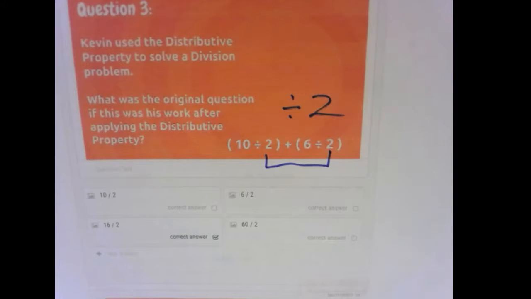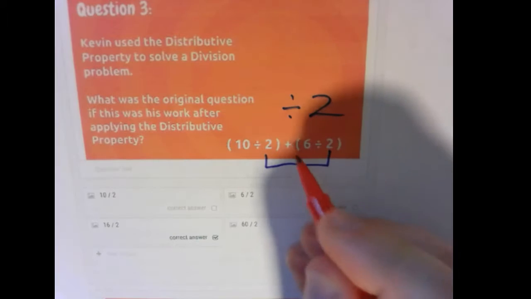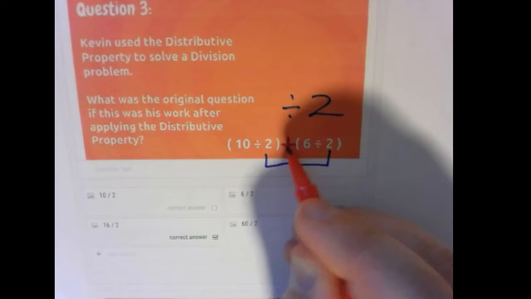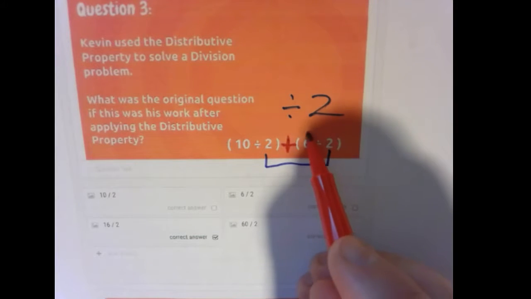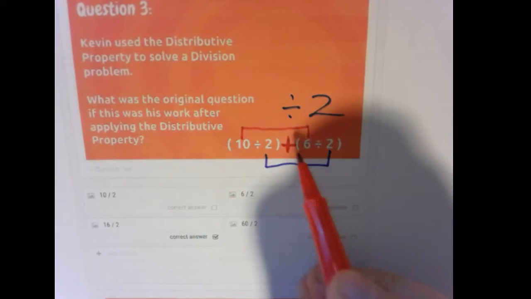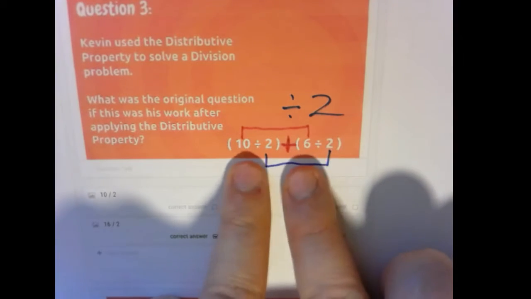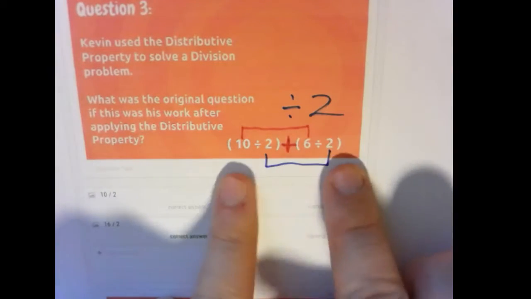Now I'll use a different color to identify the thing that we split up into the two smaller problems. Notice here it's a plus sign, and the things that are different are the things that get added together. So we split this up and they're both being divided by 2.